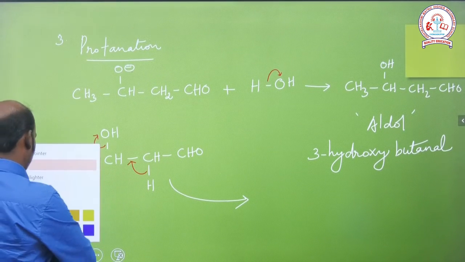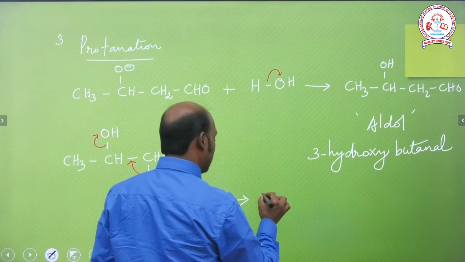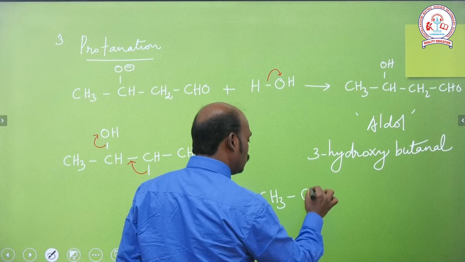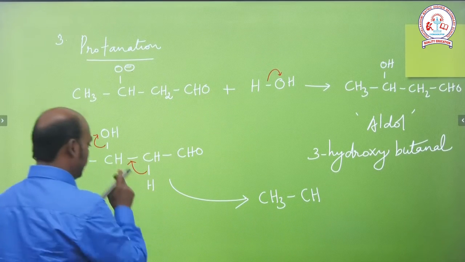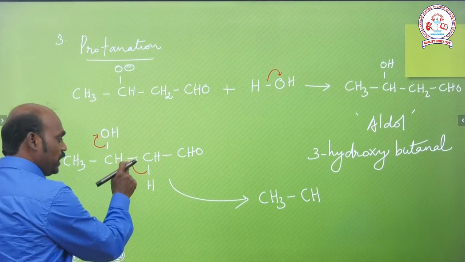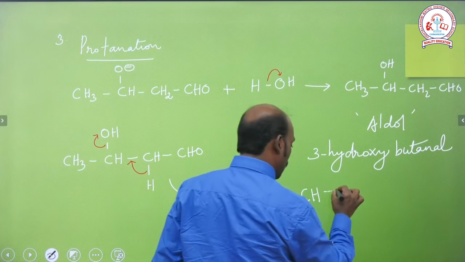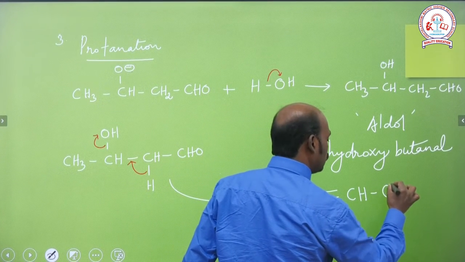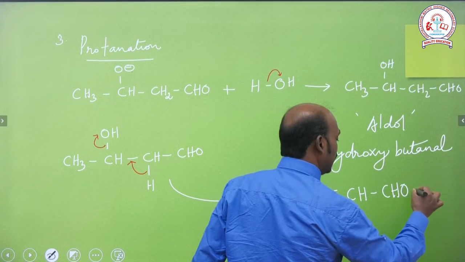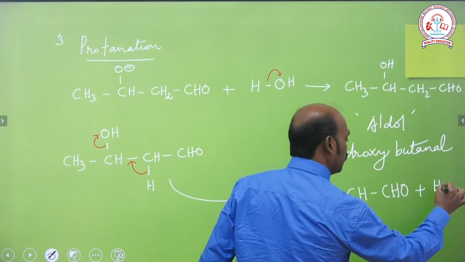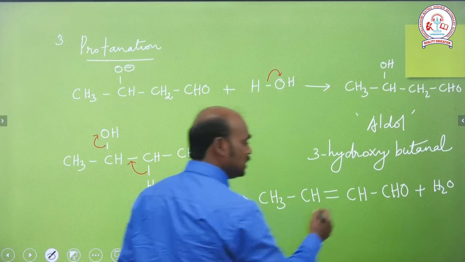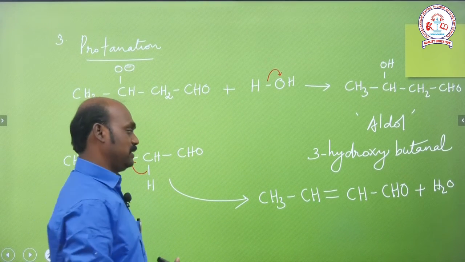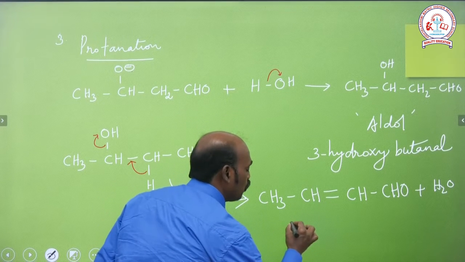Then we get CH3 CH, CH. So, this bond shifted to here, double bond, CH CHO plus water molecule H2O. This is called alpha beta unsaturated aldehyde. This is called crotonaldehyde.